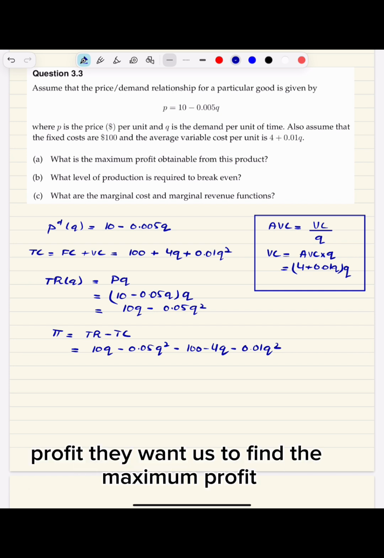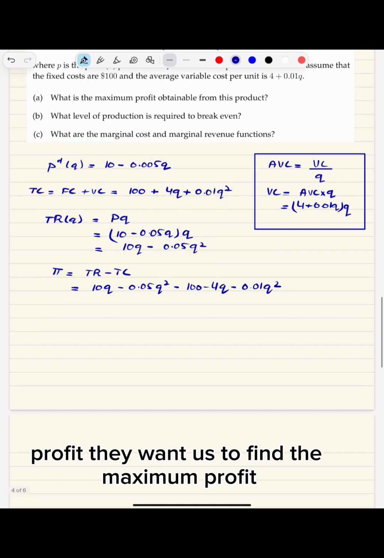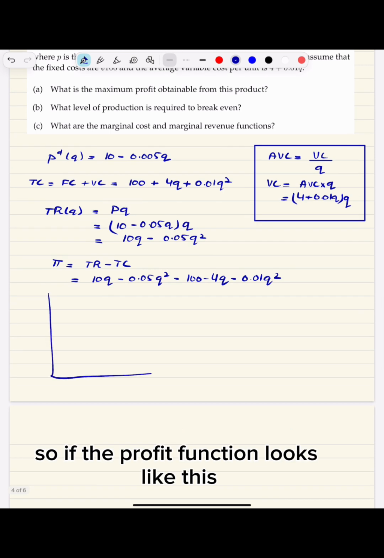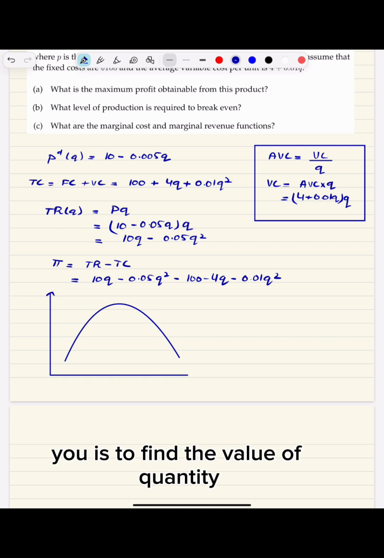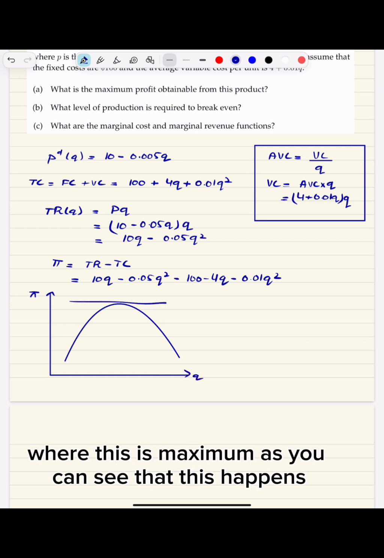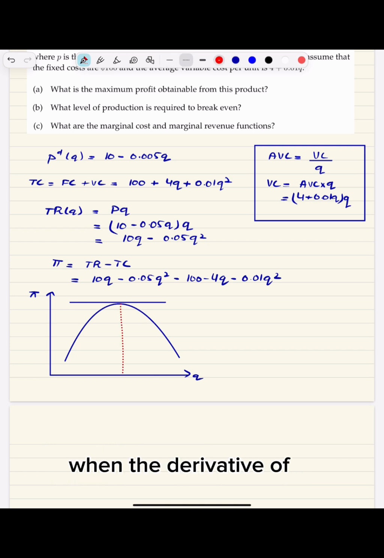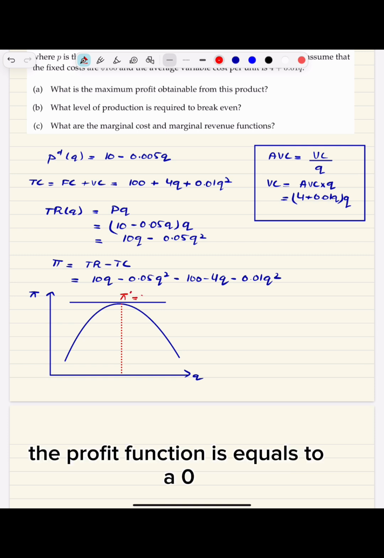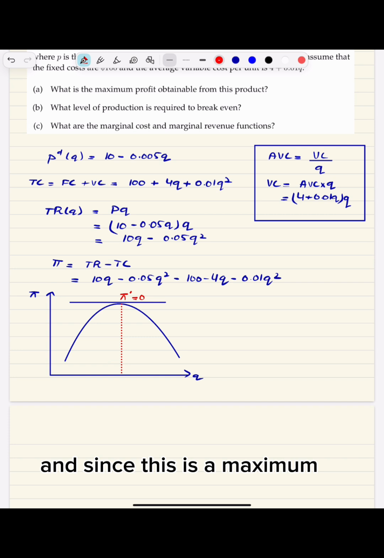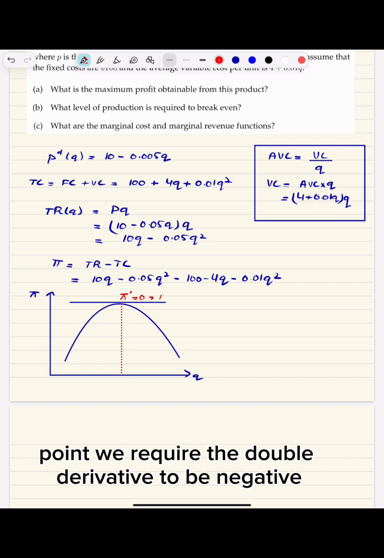They want us to find the maximum profit. So if the profit function looks like this, what they're asking you is to find the value of quantity where this is maximum. As you can see, this happens when the derivative of the profit function is equal to 0, and since this is a maximum point, we require the double derivative to be negative.